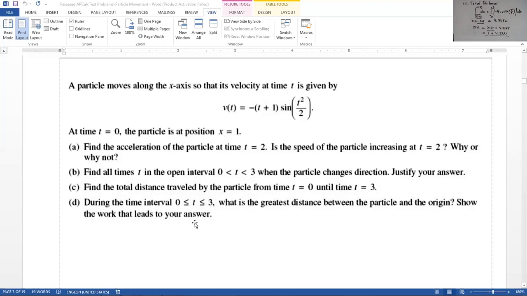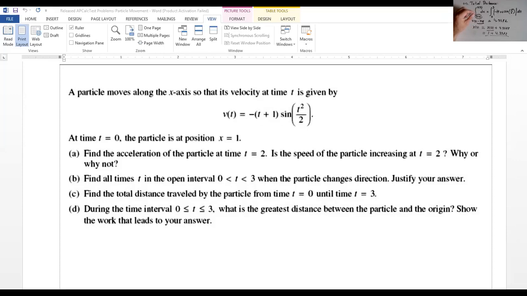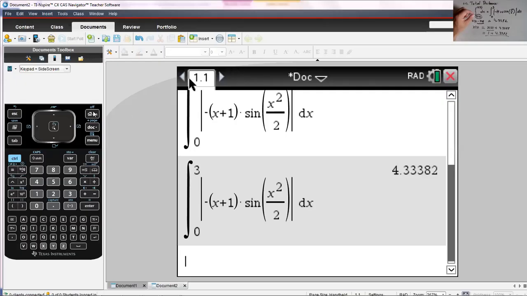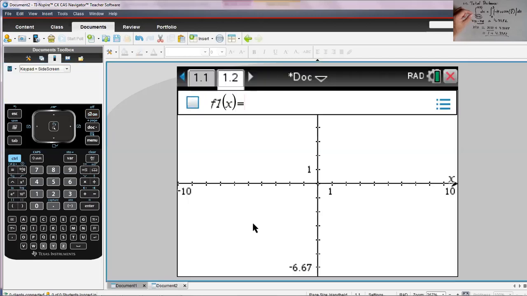During the time interval, what is the greatest distance between the particle and the origin? Okay, how can we find this one? Well, we can pretty much plot this function and check the area, correct? So we can plot this one. Let me just go to the calculator, stop share. So we screen this one, calculator, and then we can open the graph, right?